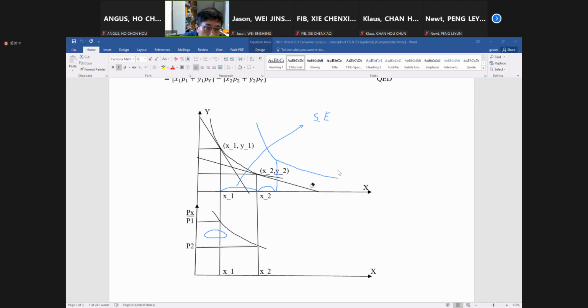This one should be parallel with this one. Okay, this one is parallel to this one.